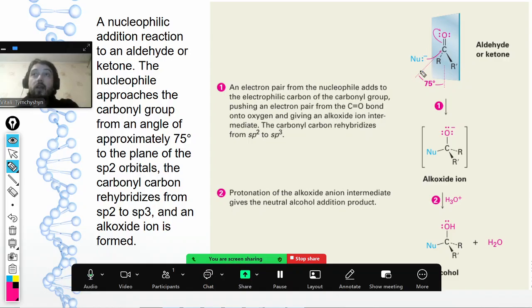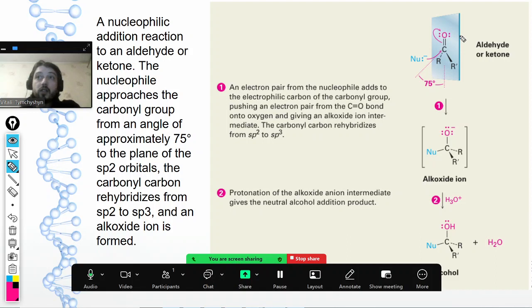So it's bringing its electrons, which have negative charge, and they are pushing these electrons from the pi bond onto the oxygen. Oxygen is pretty electronegative, so it is happy to get these electrons for itself.